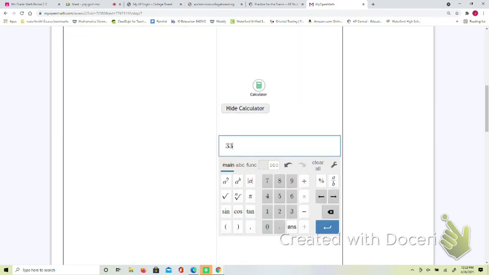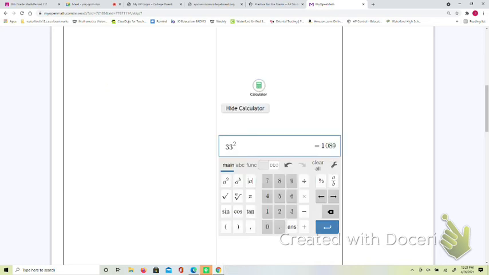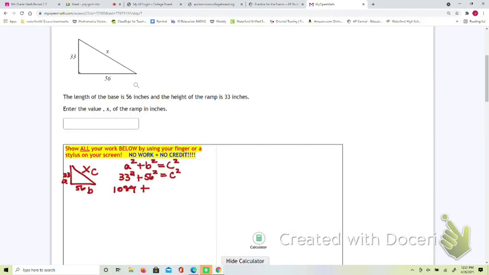So 33 squared, this is number 7, is 1089. Okay, 1089 plus, okay, now I need 56 squared. 56 squared, 3136. 3136 equals C squared.